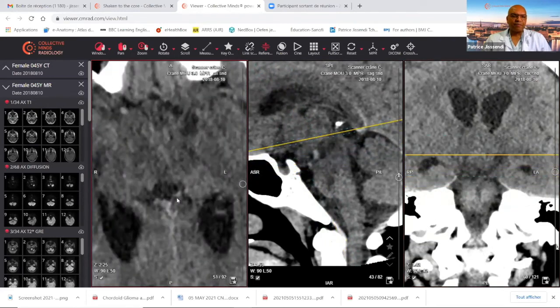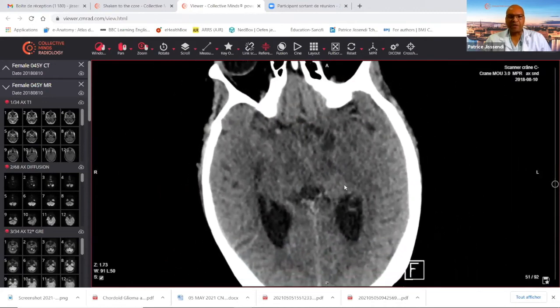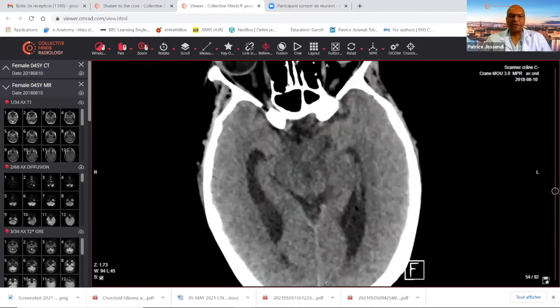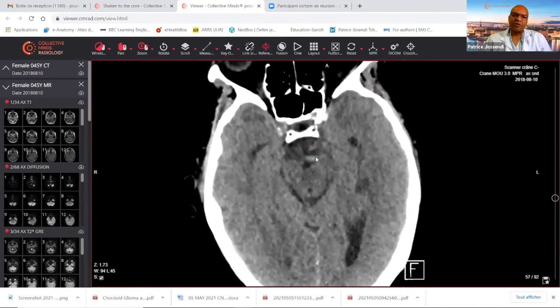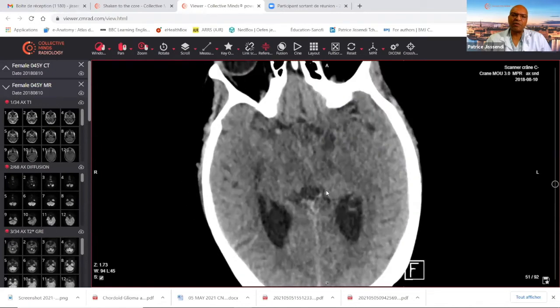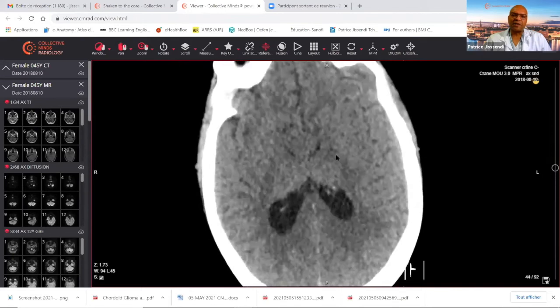Let me click on this one, zoom out and maybe change the window. You can see that this hyperdensity is on the floor of the mass, which is growing up supratentorially and is really centrally located.